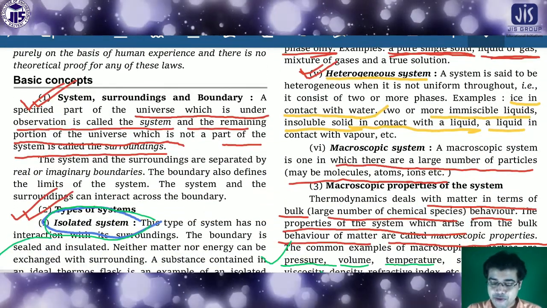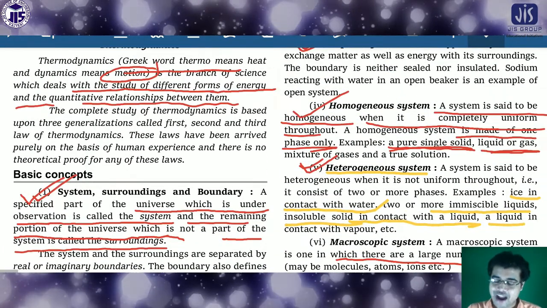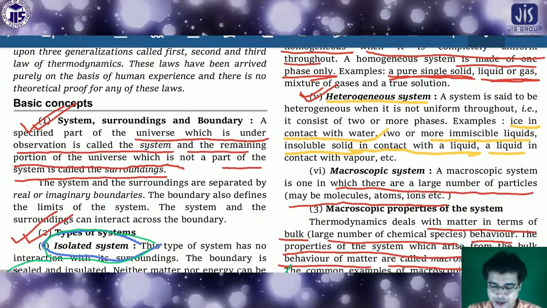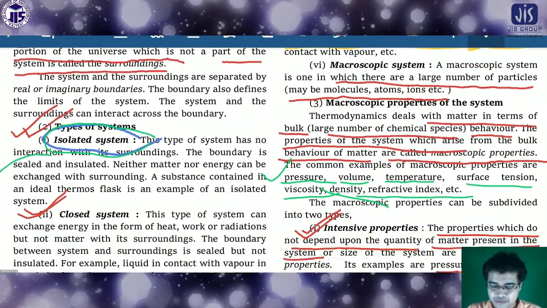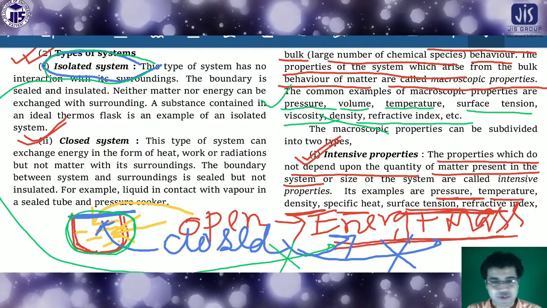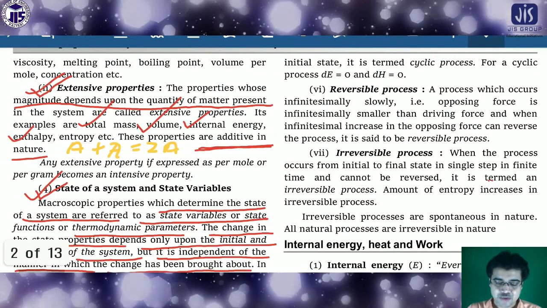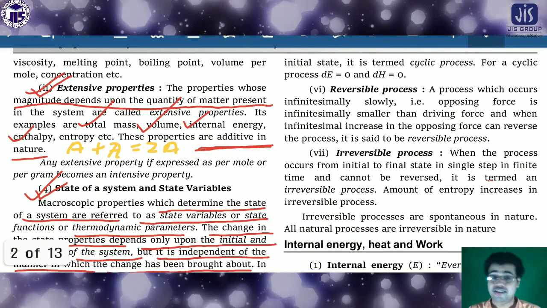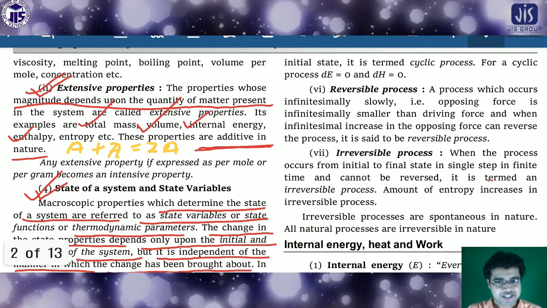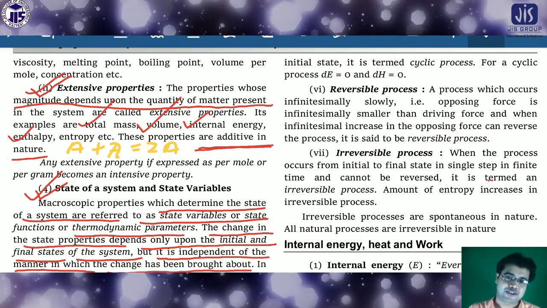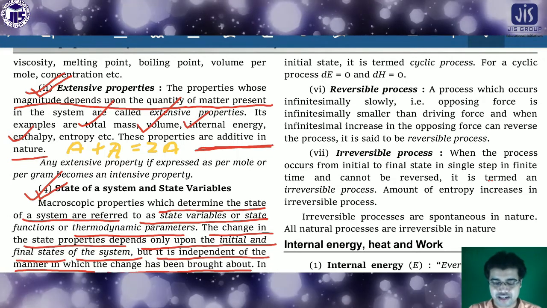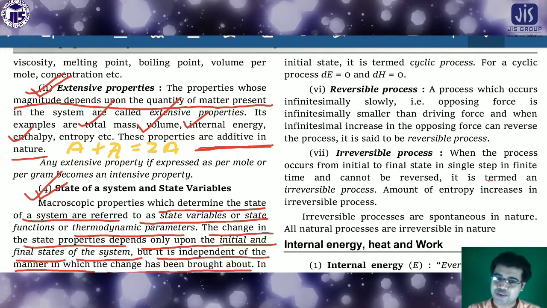Then we discussed the heterogeneous system and the homogeneous system. Then we discussed that there are two types of properties, intensive property and extensive property. Which conditions are included for intensive property, and which conditions are included for extensive property. We discussed all these things.